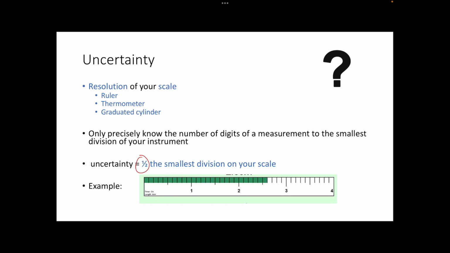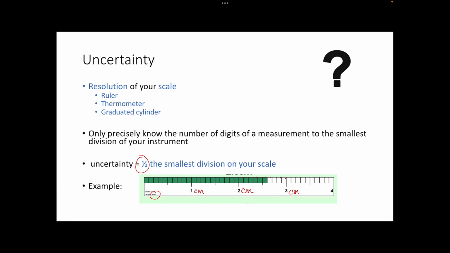Here's an example of a ruler on the bottom. You can see here we're measuring this green line. The length is in centimeters. This is 1 centimeter, 2 centimeters, 3 centimeters. Now we know more precisely that our length is going to be somewhere between 2 and 3 centimeters. If we count, there are 10 marks between 2 and 3.